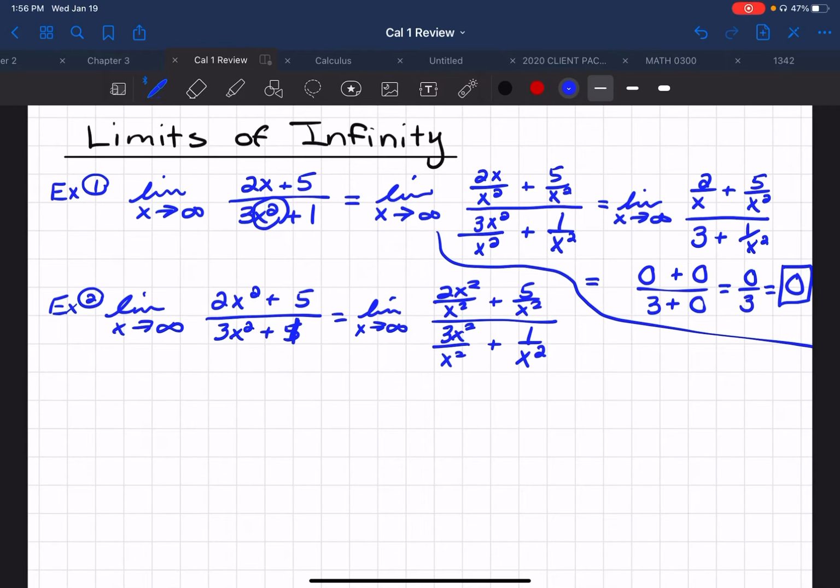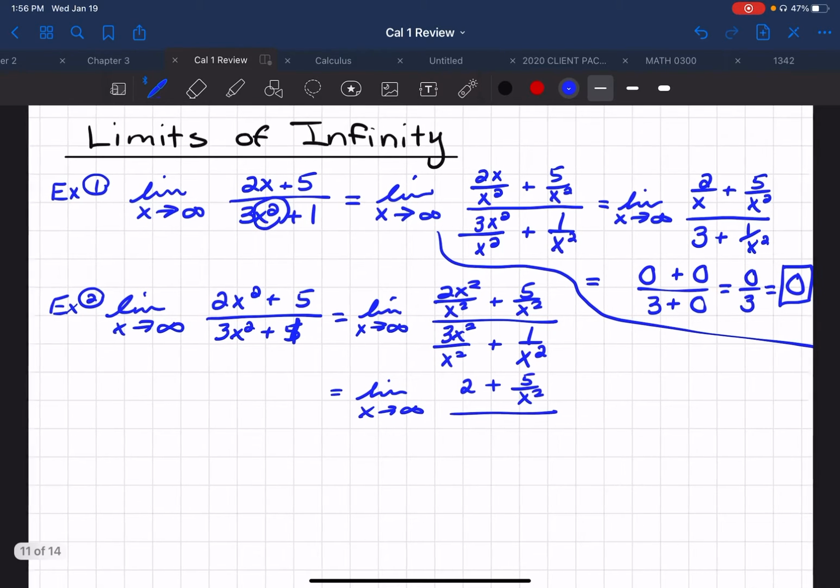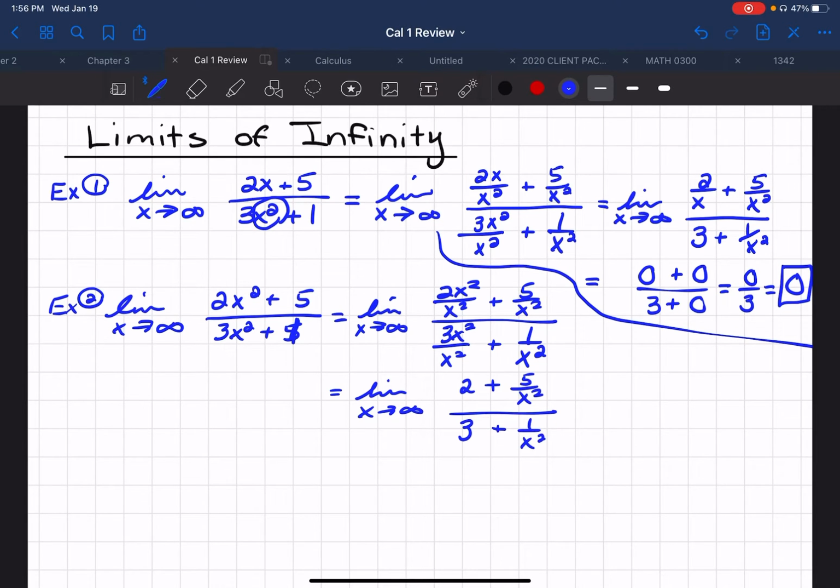Same thing, we can simplify a little bit. In the 2x squared over x squared, the x squareds will cancel, leaving me with 2 plus 5 over x squared, over 3 plus 1 over x squared.